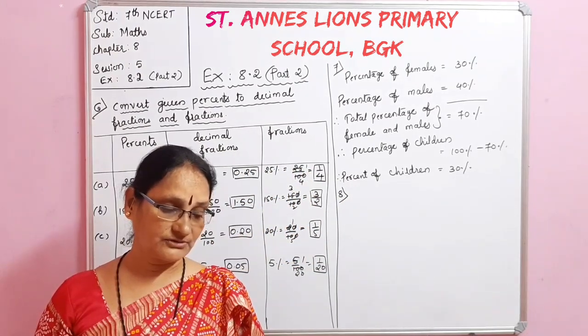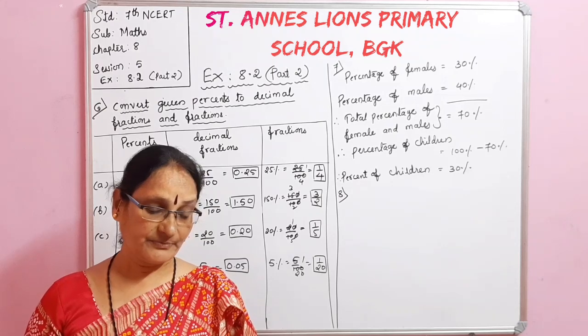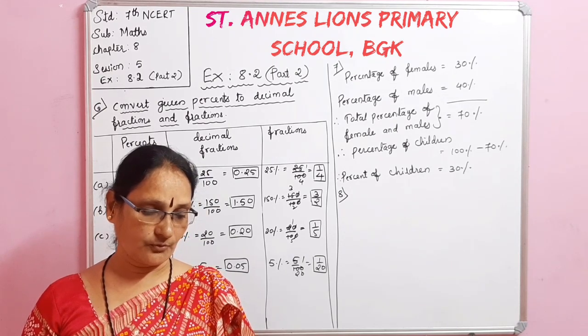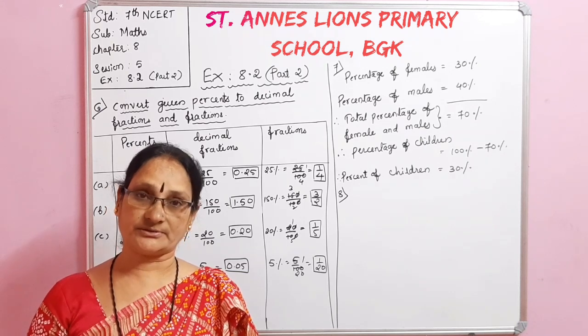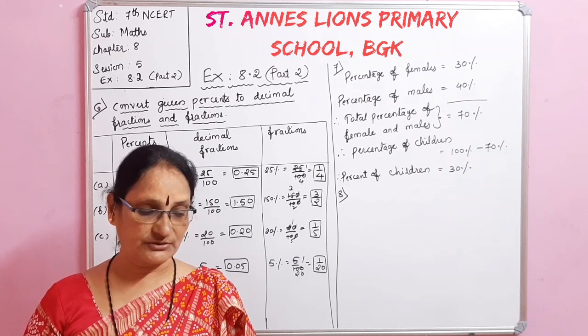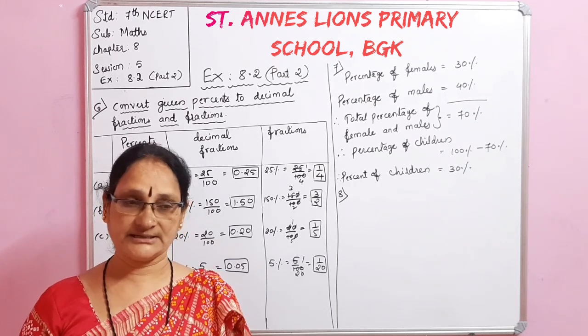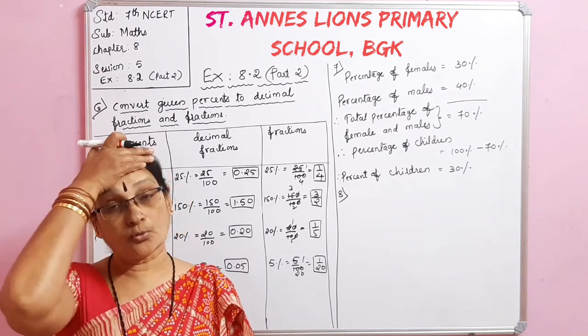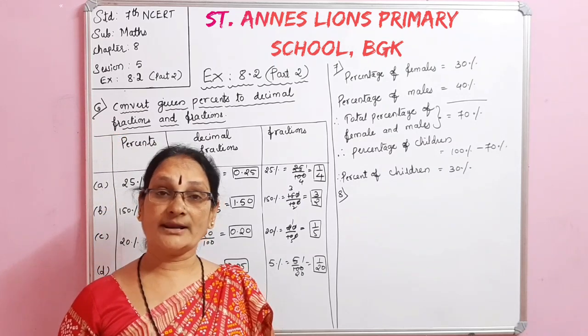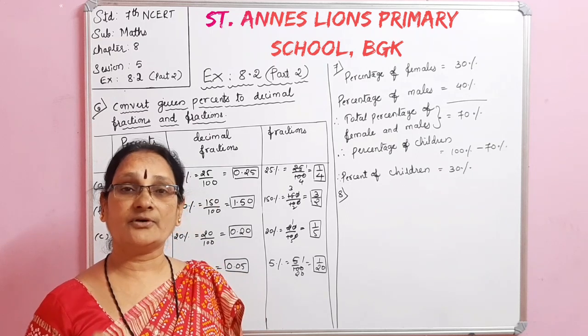Now, the eighth one. Out of 15,000 voters in a constituency, 60% voted. Find the percentage of voters who did not vote. Can you also find how many actually did not vote? Let's see, in one place 15,000 voters are there. Voters means, you know, no? The people who are above 18 are eligible for voting.